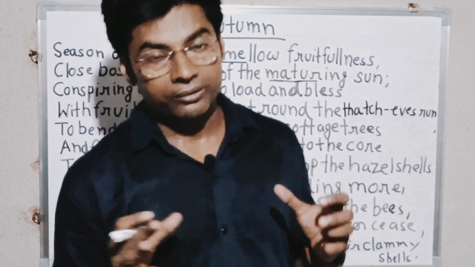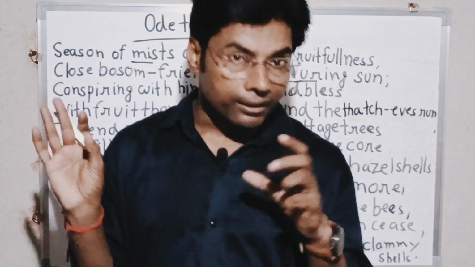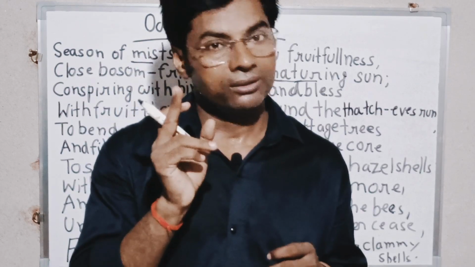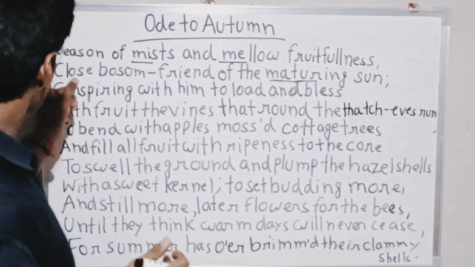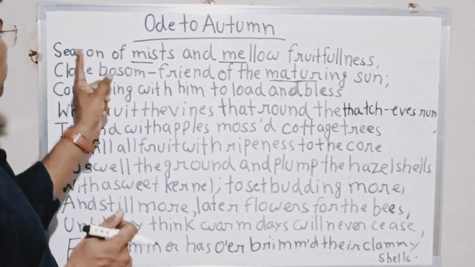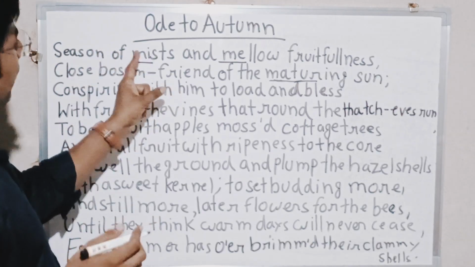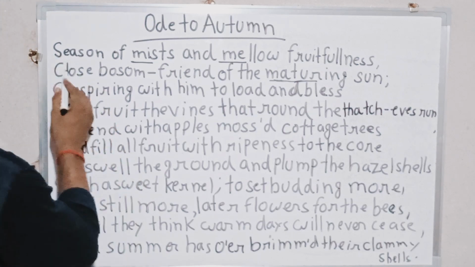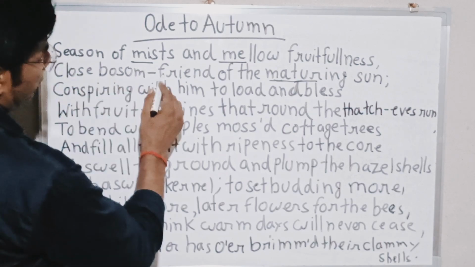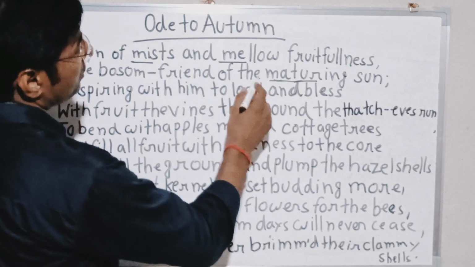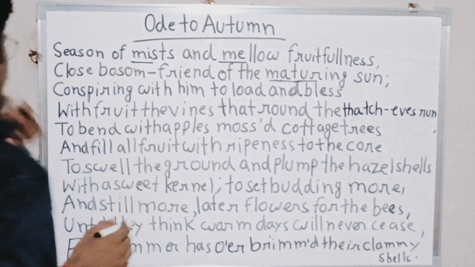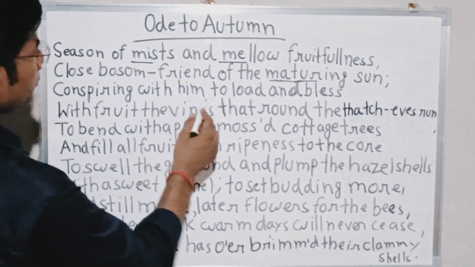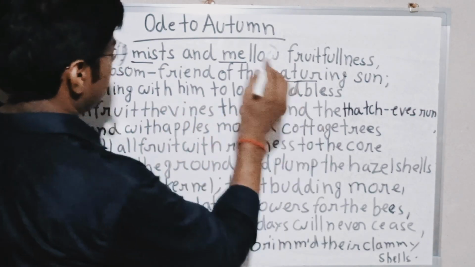So the second figure of speech used in the second line is personification. So in the first line, two figures of speech: apostrophe and alliteration. Second line, two figures of speech: first metaphor, second personification.